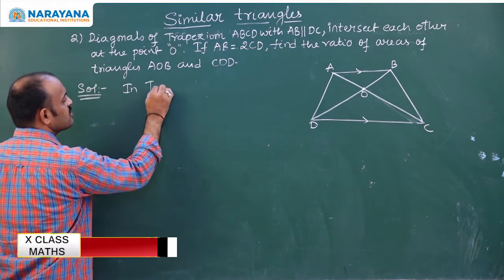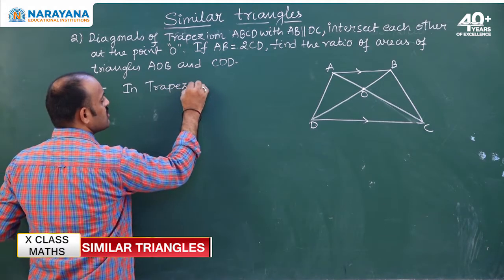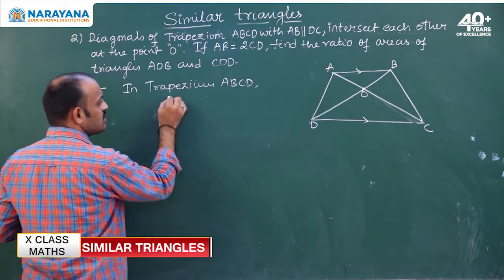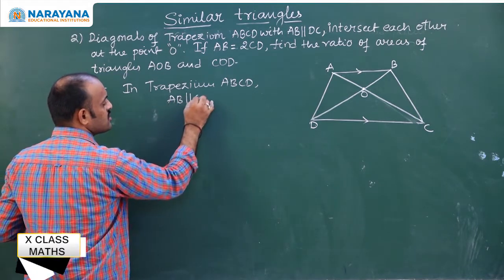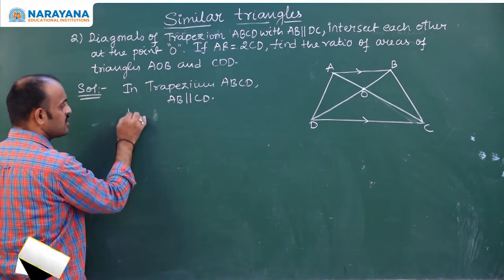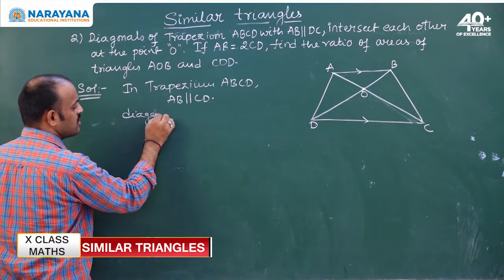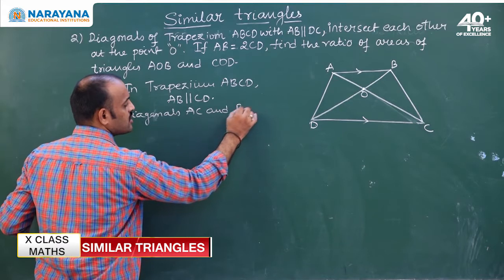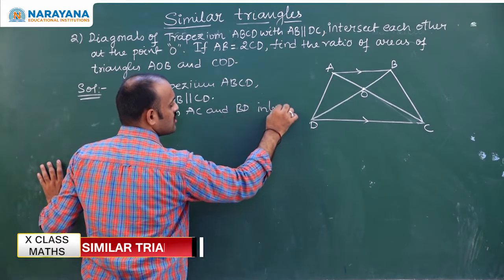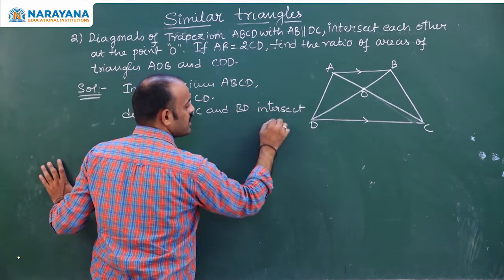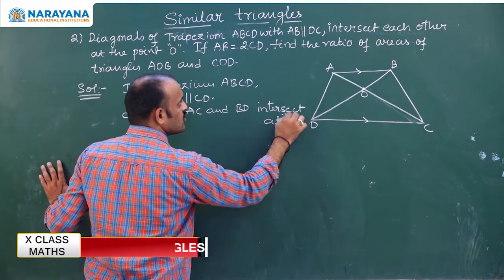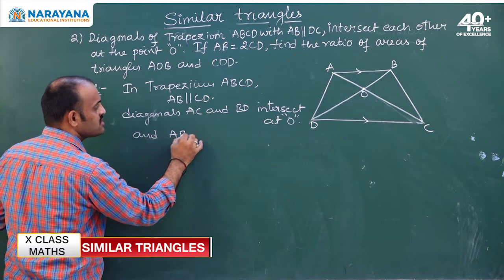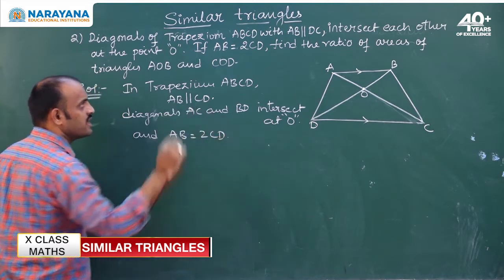In trapezium ABCD, AB is parallel to CD, diagonals AC and BD intersect at O, and AB is equal to 2CD.